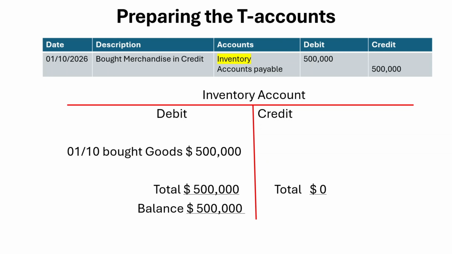Then the balance is 500,000, meaning we have 500,000 from the debit side and 0 from the credit side. 500,000 minus 0 is 500,000. So we have 500,000 as the balance plotted down on the debit side of this inventory account. This assumes that from previous years or records, we didn't have any balances that were put down.